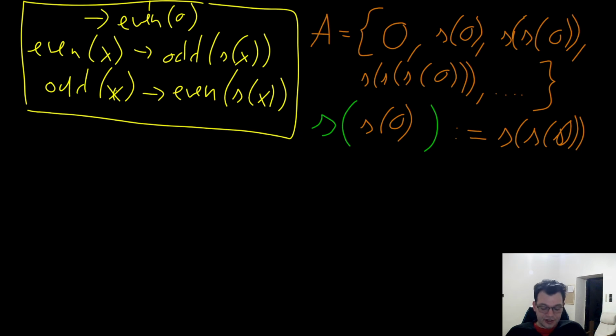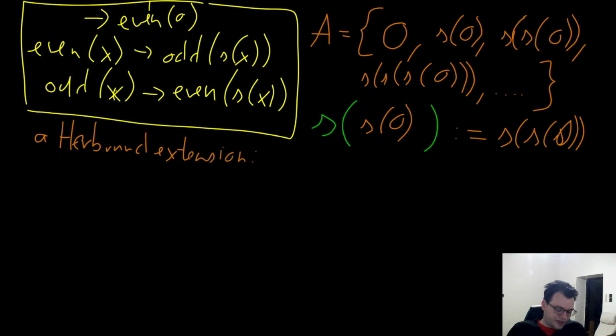So that's what makes a model a Herbrand model. And a Herbrand expansion of a program is defined as follows. You just take the clauses and substitute ground terms in place of the variables in all possible ways. You will end up with an infinite number of ground clauses.